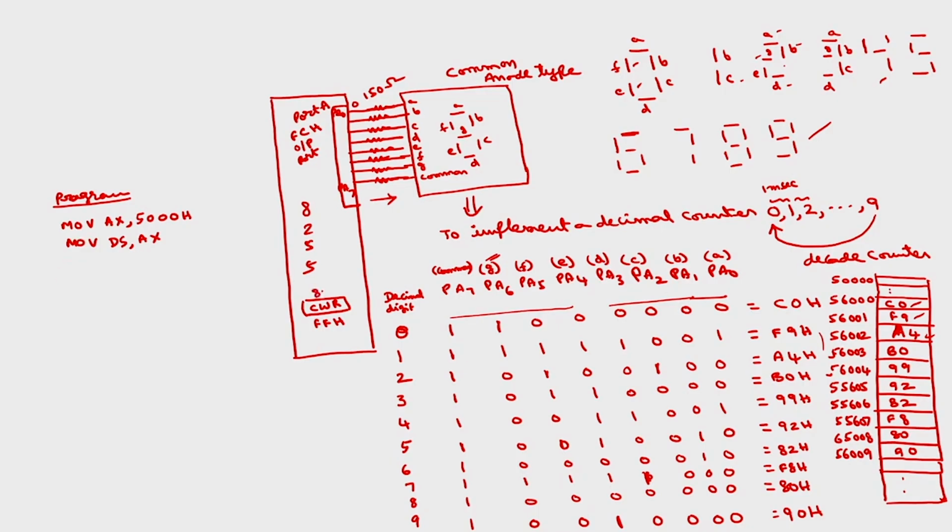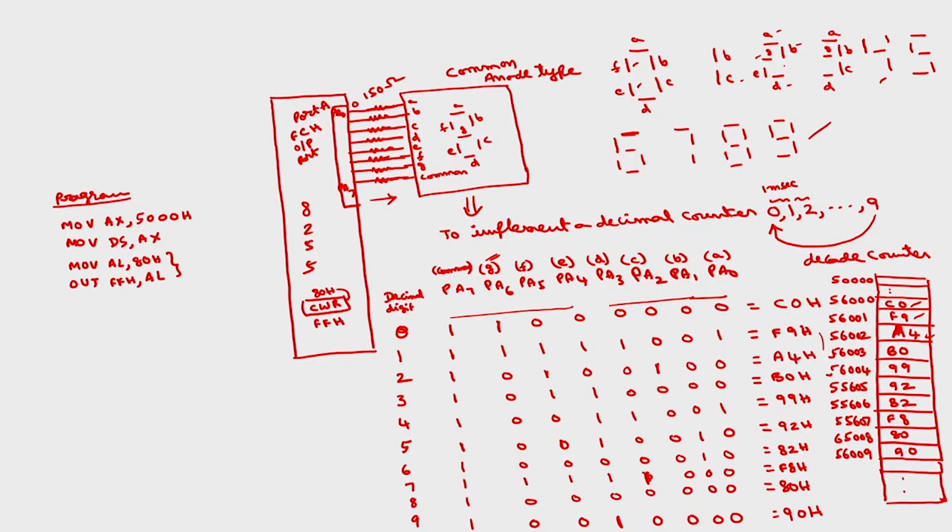You have to load 80H into the control register, then this will program all the ports as output ports in mode 0. So, the instructions are move AL comma 80H, out, control register address is FFH comma AL. These two instructions will program all the ports as output ports in mode 0.